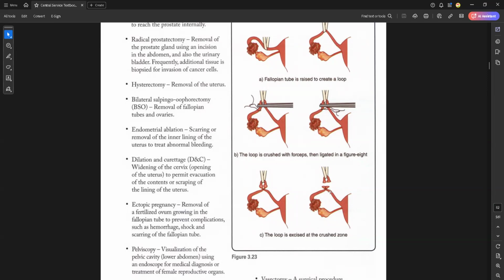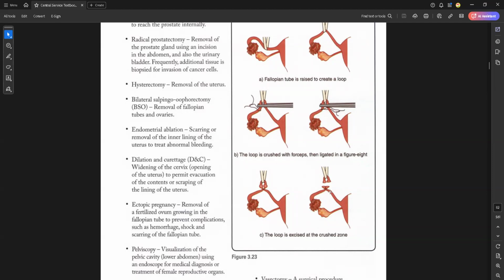And then we also have the endometrial ablation. Then we have D and C. We also have the ectopic pregnancy. The ectopic pregnancy is an unfortunate situation. We don't want that to be happening to our women. Very unfortunately, but sometimes nature has its own way.